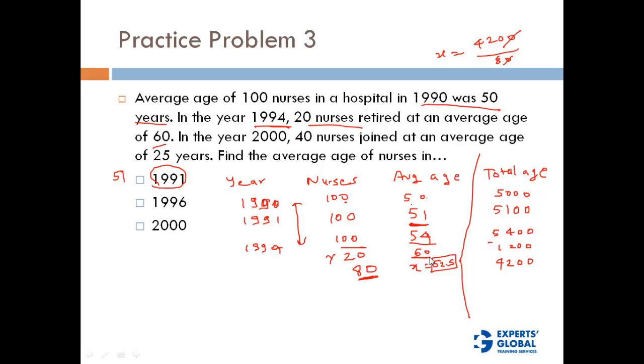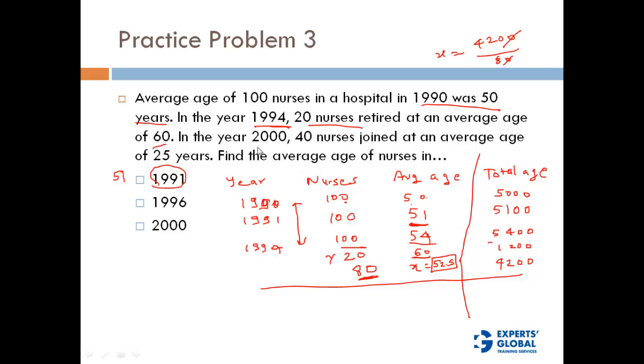Their average is given as 60. So the average age is now going to drop because older nurses have retired. And you will see that now average age is 52.5. Suddenly it has dropped by 1.5 years. So this is at the end of 1994.